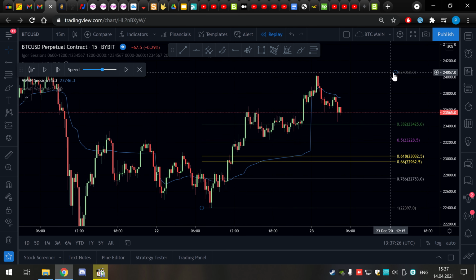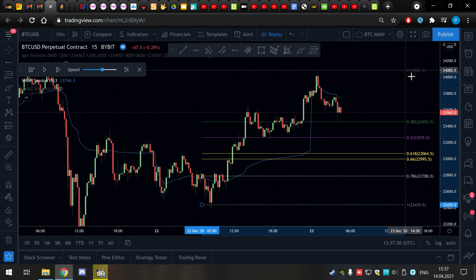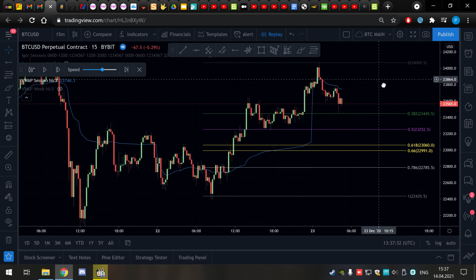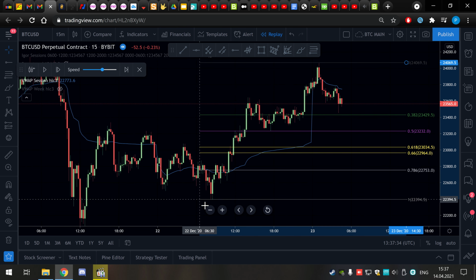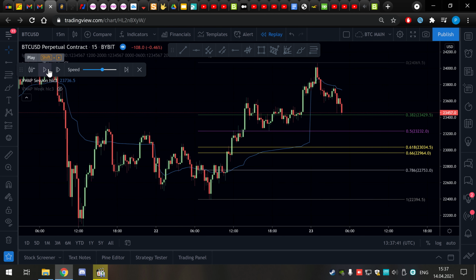Okay, let's see. Very, very close entry to the green line, but it was not touched. Now it was touched. You can enter here.